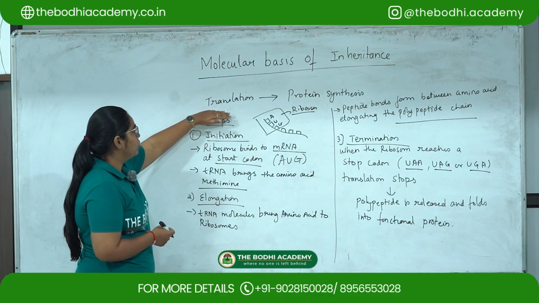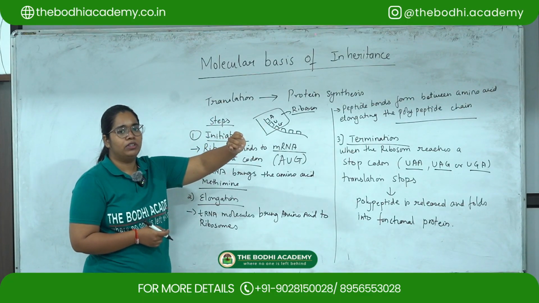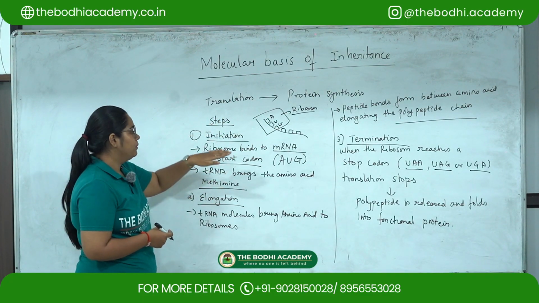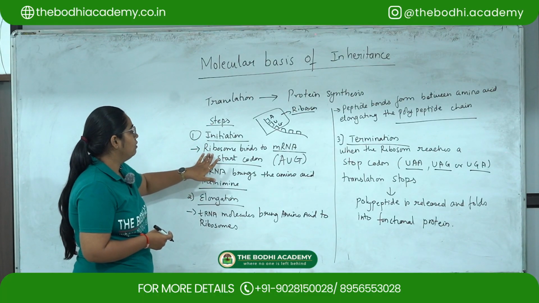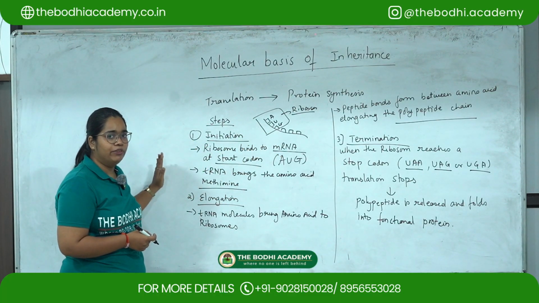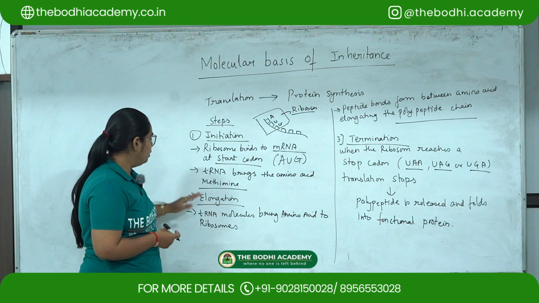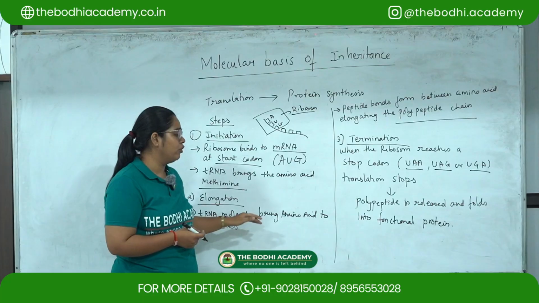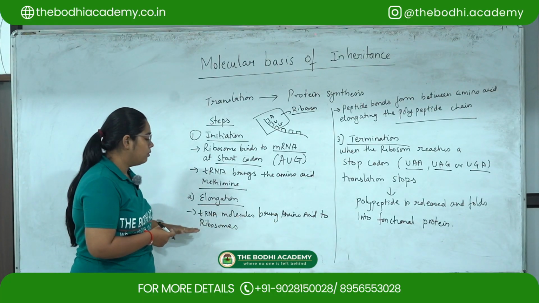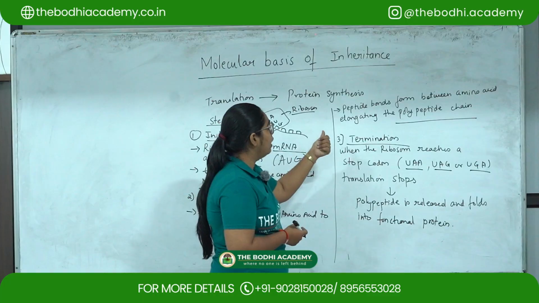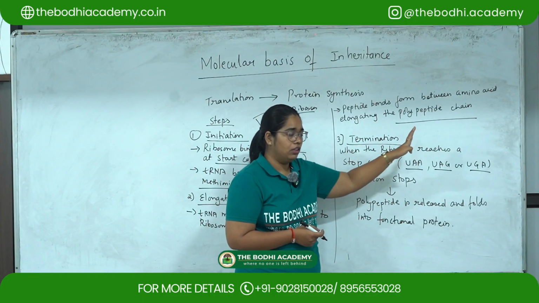The process of translation is basically the process of formation of protein from the RNA molecule. The first step is initiation, wherein the ribosome binds to the RNA molecule to start translation. Then elongation starts, wherein the tRNA molecule brings amino acid to the ribosomal site and the polypeptide chain elongates.